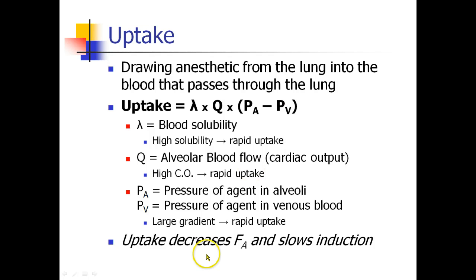Once again, uptake is movement of agent from the lungs into the blood, and so uptake decreases Fa, doesn't it? Because it's not building up in the lungs. The agent is moving out of the lungs. And the factors that increase uptake, therefore, will slow induction.